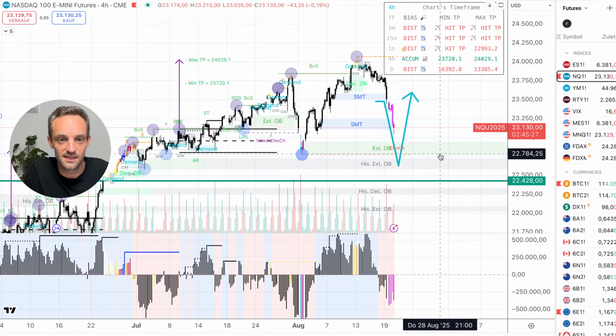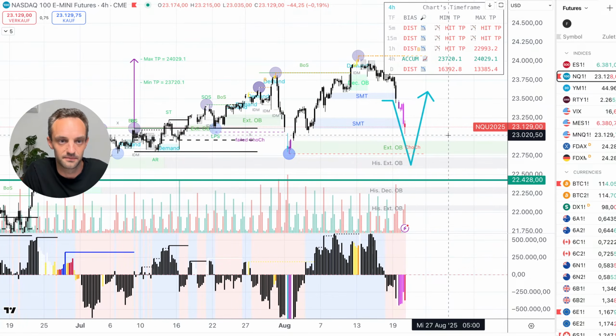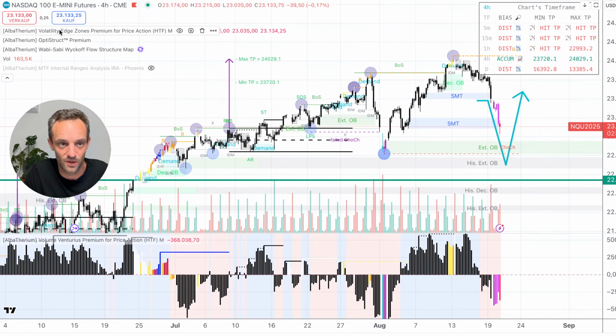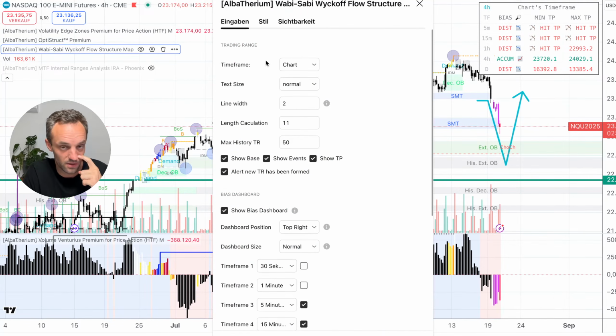Here we can see Nasdaq. Today we start with the Nasdaq, and you can see my trading setup, which is pretty simple, right? I don't have that many indicators in there. It's just, of course, Wabi-Sabi, a Wyckoff Flow Structure map. Let's start with this one because all lifetime members now have access to this.